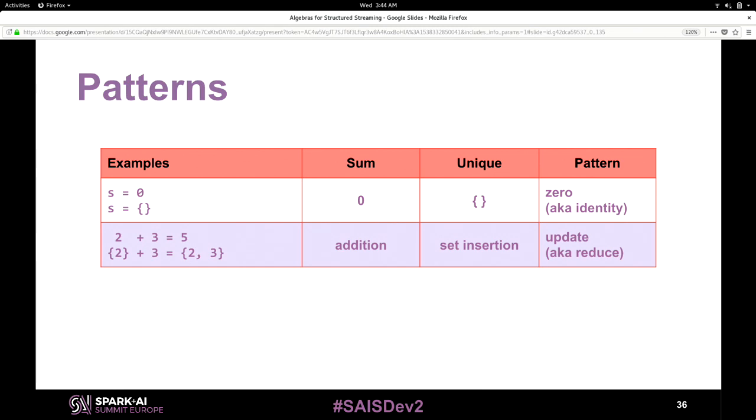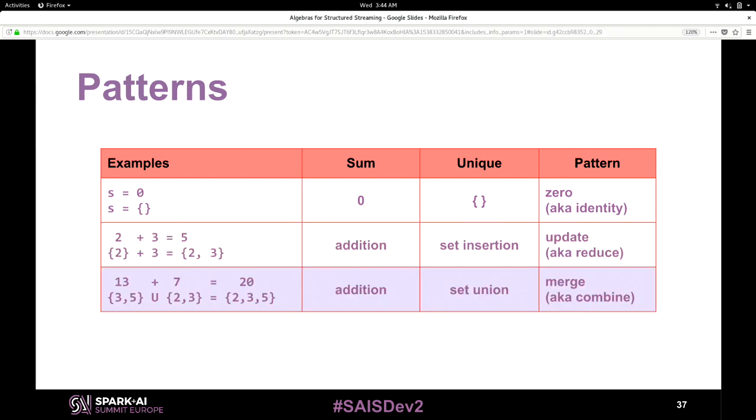Likewise, when we're working within a single partition, we're taking results and inserting them into an accumulator. For sum, of course, that's just numeric addition. For unique elements, it's, again, set insertion, but the basic pattern is frequently called update. You'll also see this referred to as reduce, depending on the kind of library you're working with.